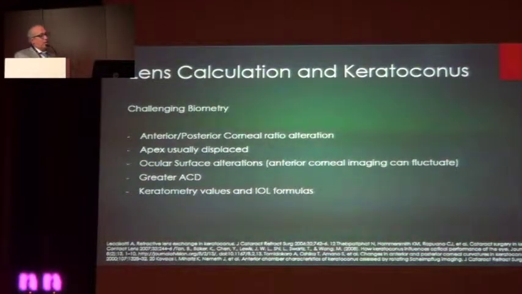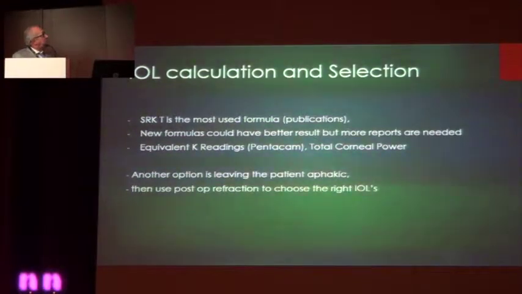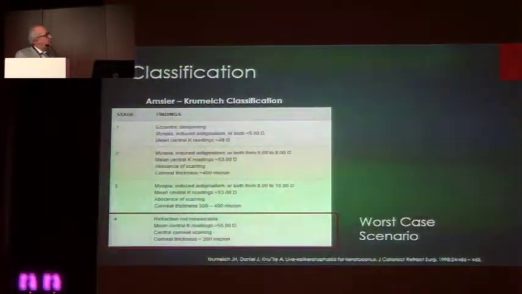These are challenging biometries: anterior and posterior corneal radius alterations, apex usually displaced, ocular surface alterations, greater anterior chamber, and keratometry values, and IOL formulas are a challenge. SRK/T is the most used formula, but new formulas could have better results, though more reports are needed. Another option is leaving the patient aphakic and using post-op refraction to choose the right IOL.